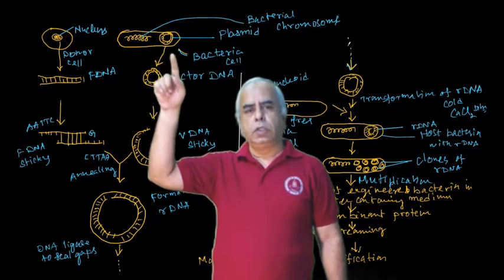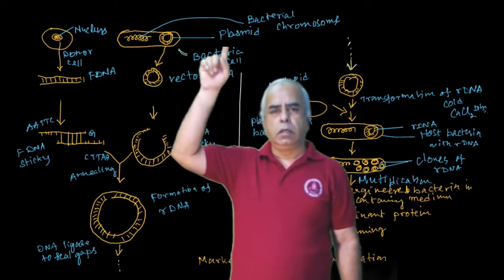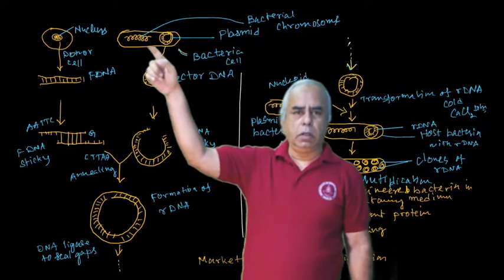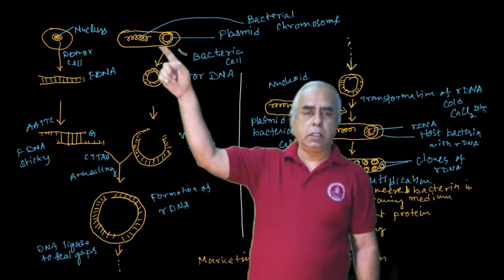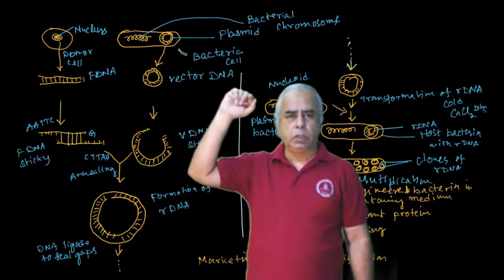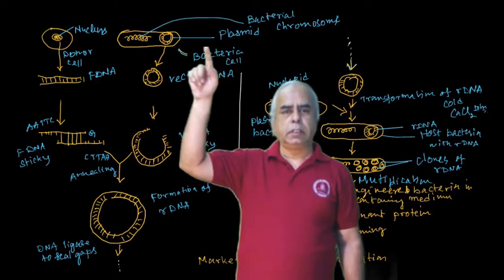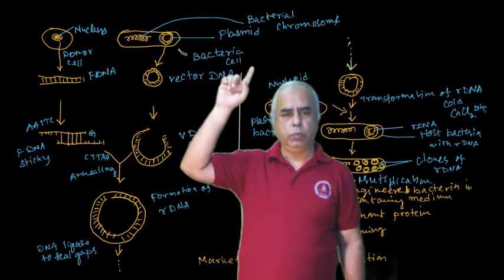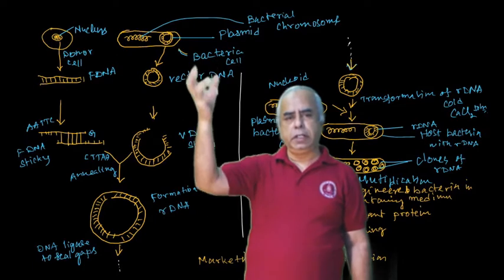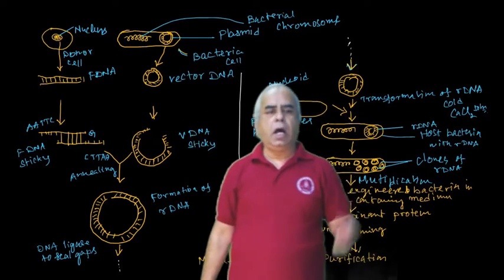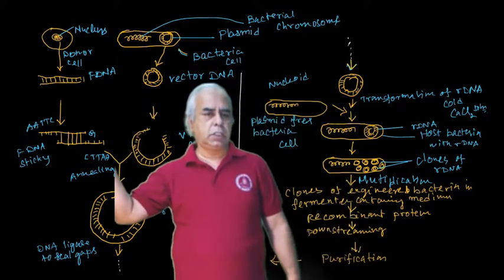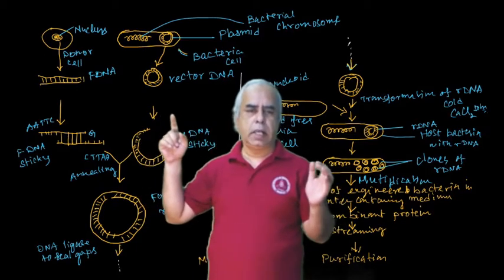Here you have the plasmid, and the bacterial chromosome is present there. So the bacterial cell with its plasmid and the chromosome, and that is the vector DNA. We need to take the vector DNA, and in this case we have made it a sticky DNA.